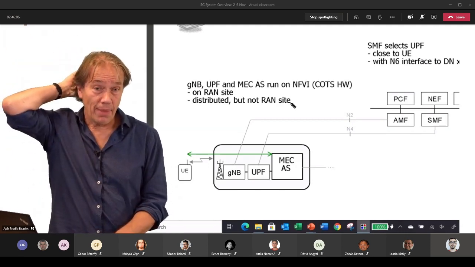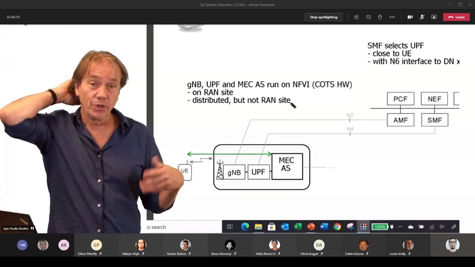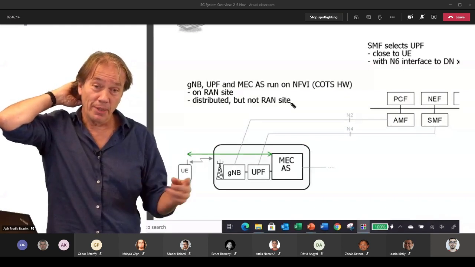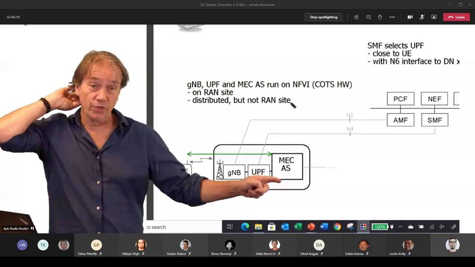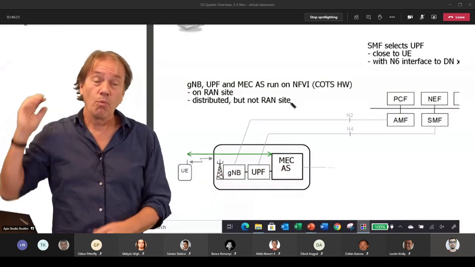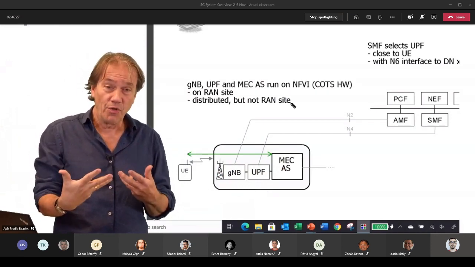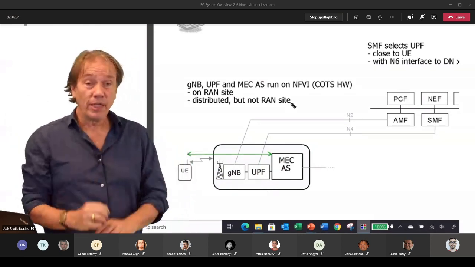How many viewers of a certain Netflix episode do we need to have in Budapest before we start a Netflix application server somewhere in Budapest? What triggers a MEC application server to be started or stopped or even moved?